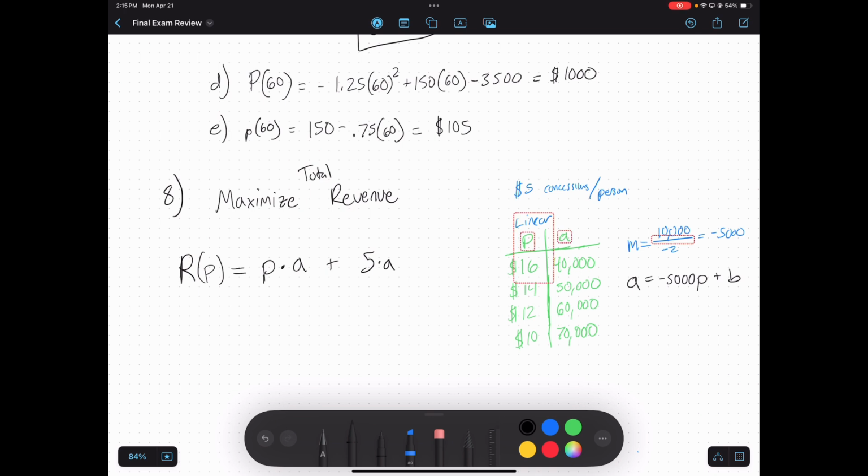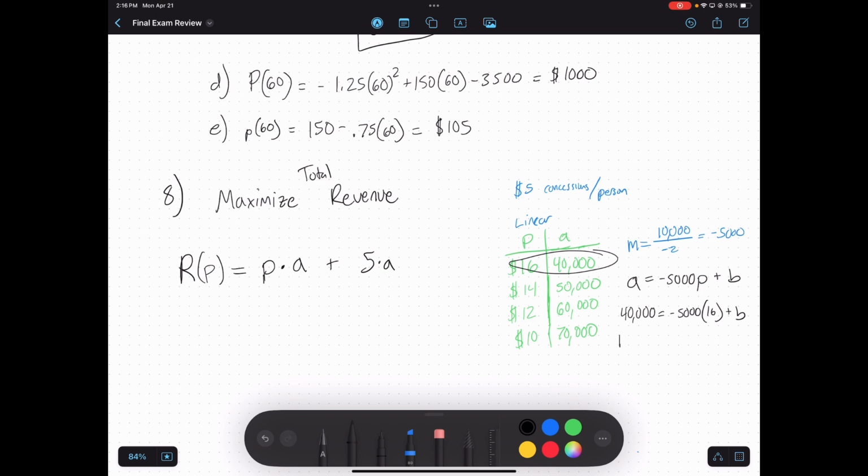How do I figure out that y-intercept? I can just plug in one of my data points. So 40,000 equals negative 5,000 times p, which is 16, plus b. And by doing this, you can solve for it. Because negative 5,000 times 16 is negative 80,000.